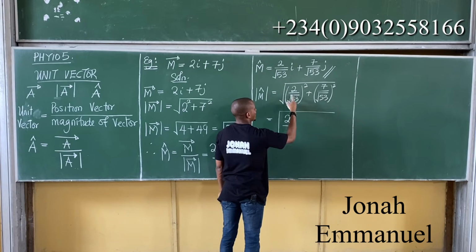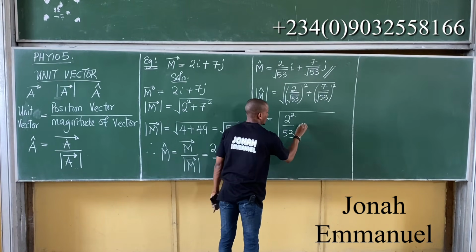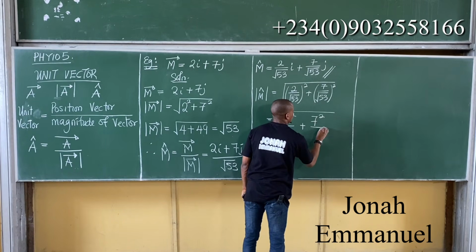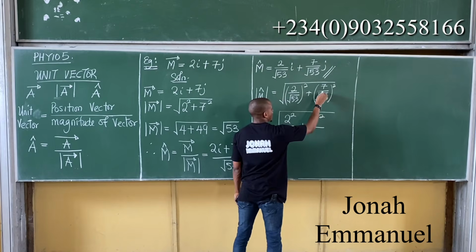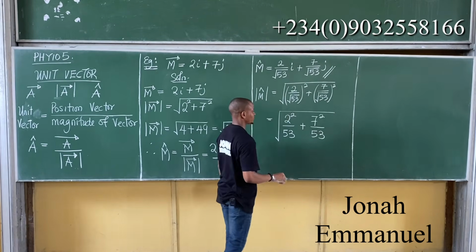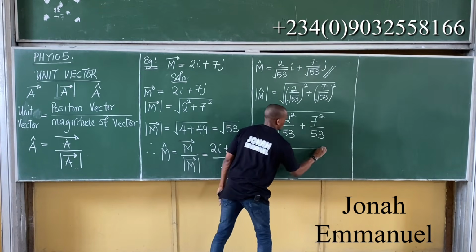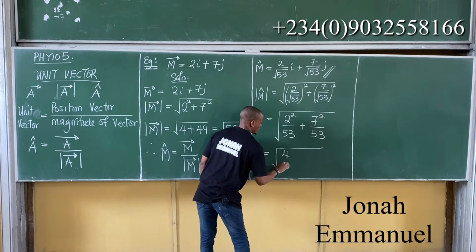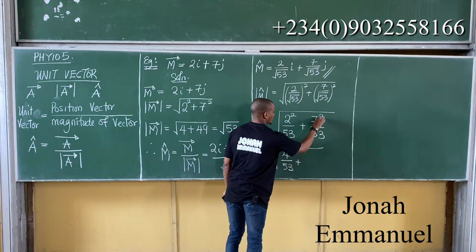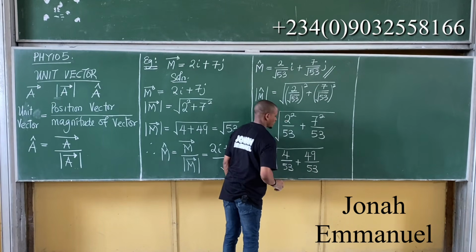Of course, square cancels square root, it gives you 53, plus 7 squared all over, of course, square cancels square root, I have 53. So this will now be equal to the square root of 2 squared is 4 all over 53 plus 7 squared is 49 all over 53.